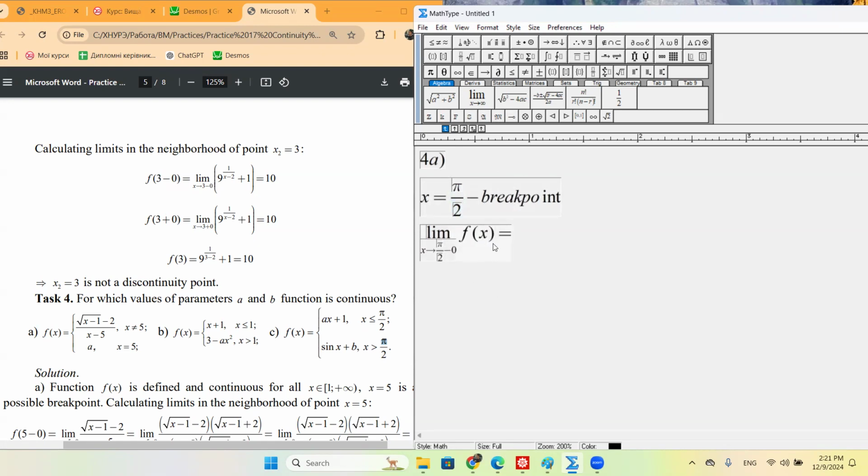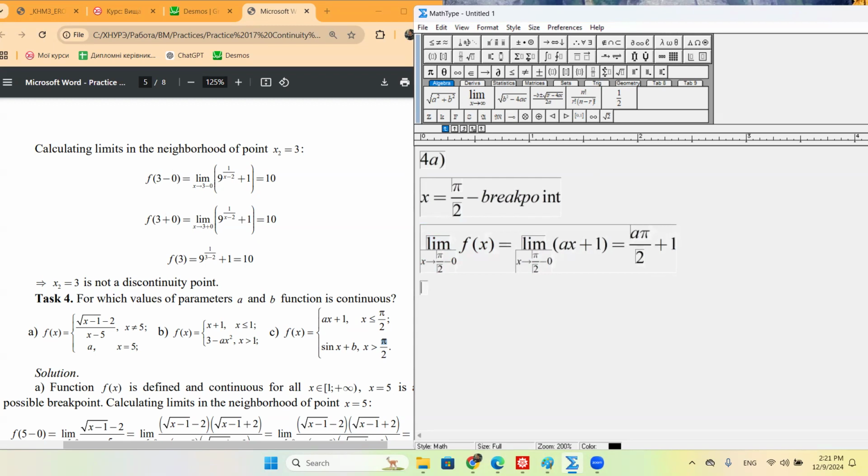Which expression do we use here? ax plus 1. Yes, ax plus 1. And it equals a pi divided by 2 plus 1.